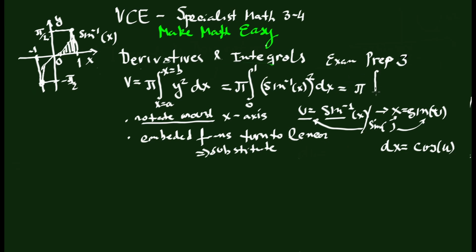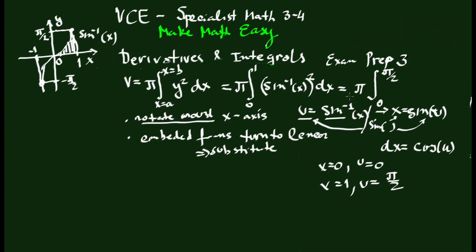Pi integral of, so the boundaries will change. When x is 0, u is arcsine of 0, which is 0. When x is 1, arcsine of 1 is pi/2. So u is pi/2. So we have 0 and pi/2.